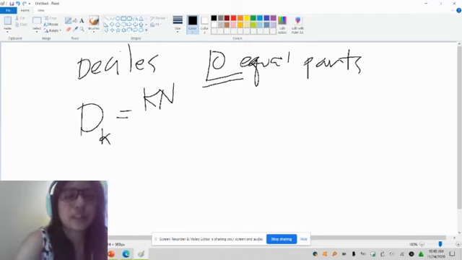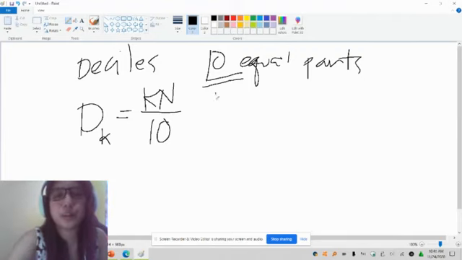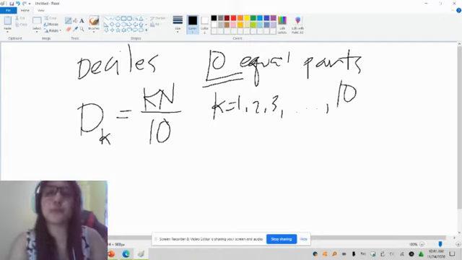And the formula is similar to our quartiles, except that our denominator, of course, is 10, because it is divided into 10 equal parts, where k is equal to 1, 2, 3, until, of course, 10.